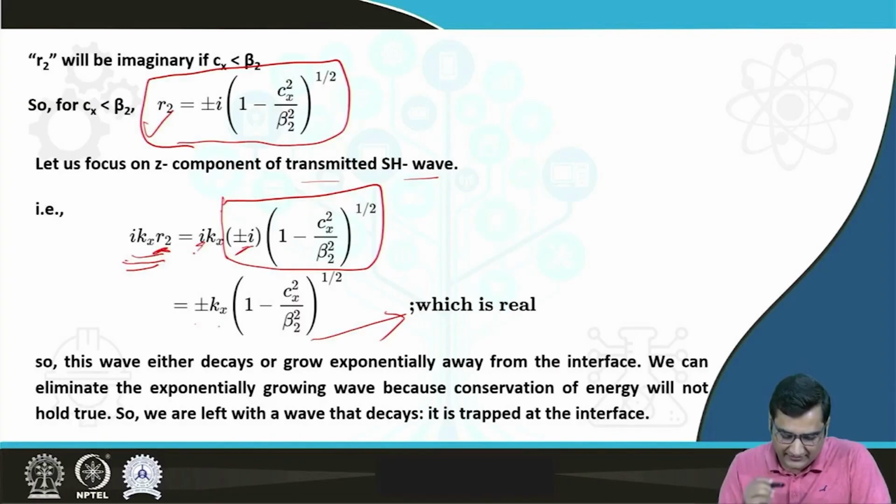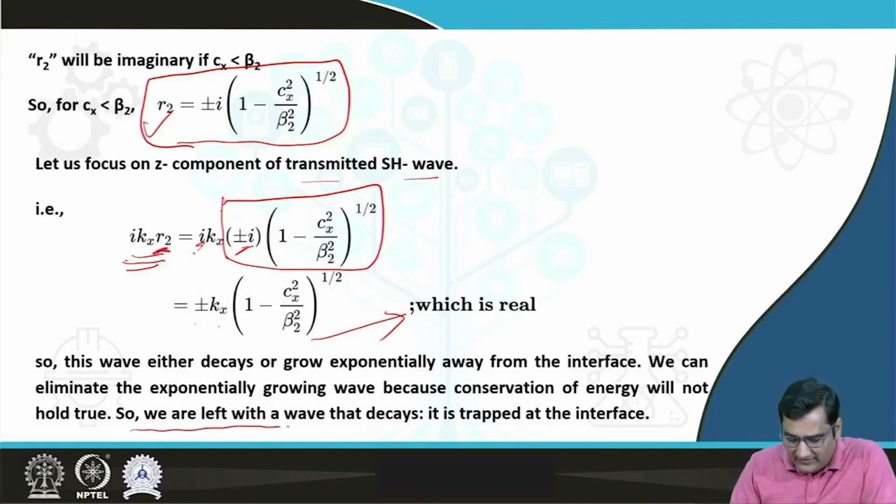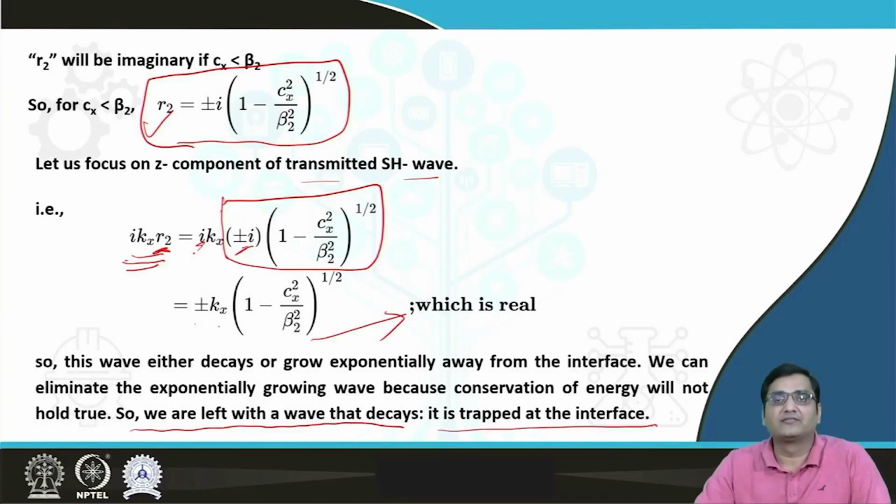So in that case, the plus term you cannot consider. Now you are left with the negative term, which will basically hold true for the wave trapped at the interface. So we are left with a wave that decays and is trapped at the interface.